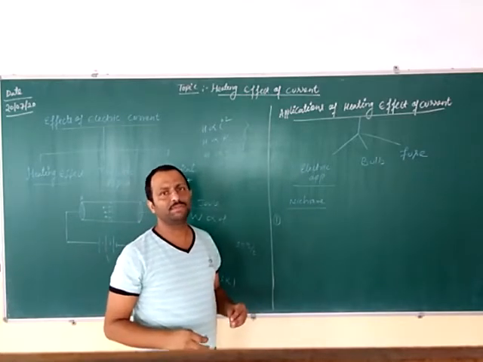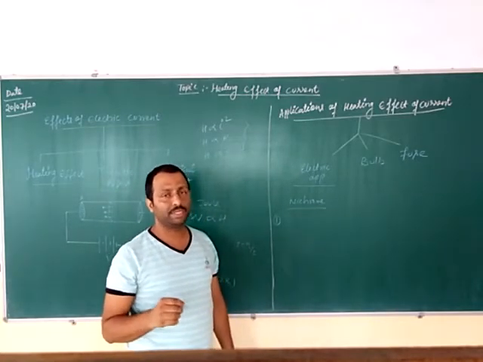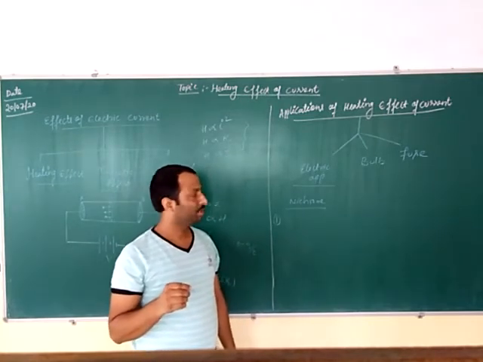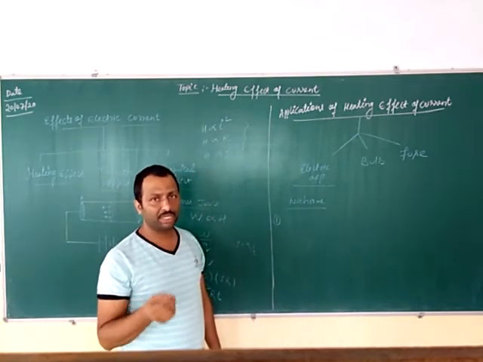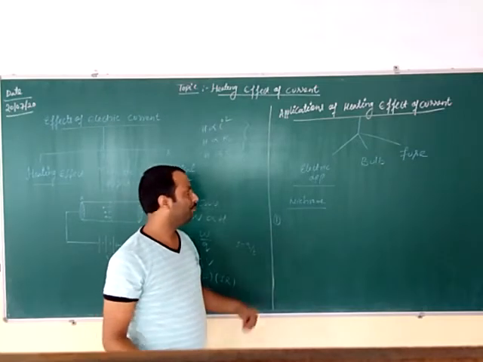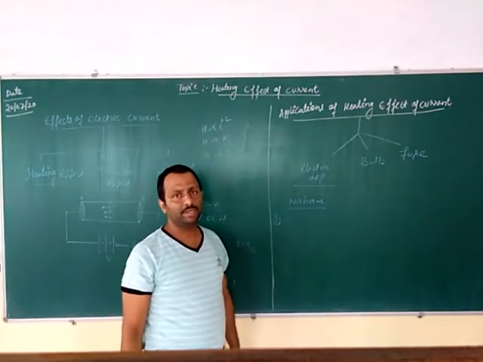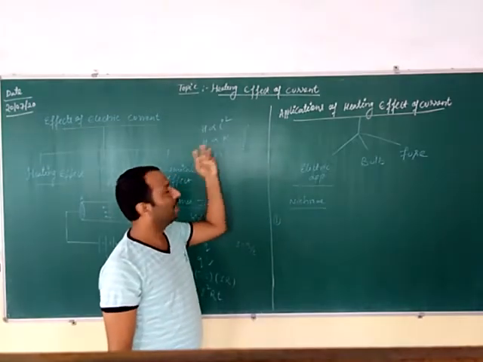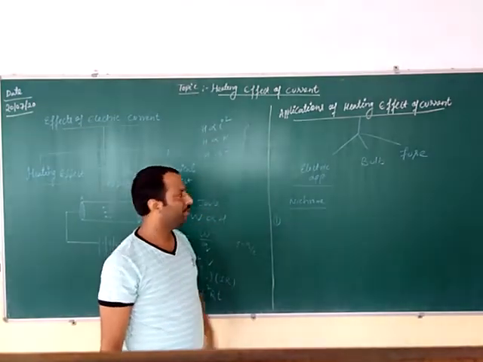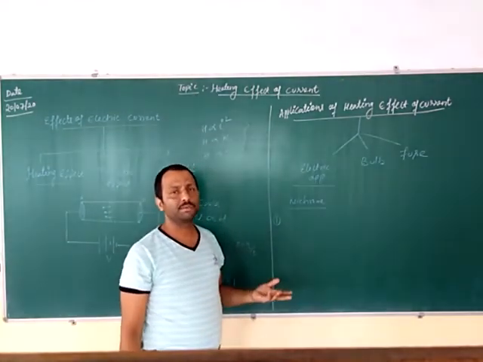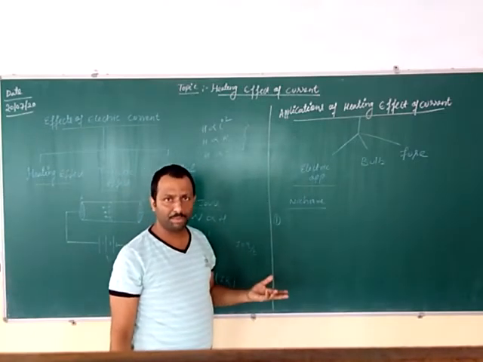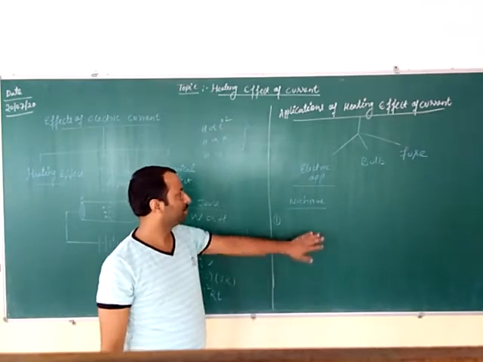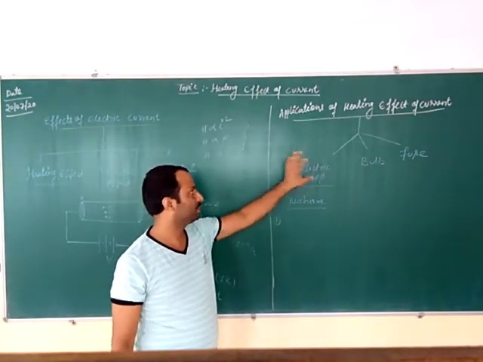As we know very well, the connecting cable is made up of copper, which has less resistance, whereas nichrome wire has high resistance. So high resistance means more heat is produced, whereas the connecting cable, made up of copper, has low resistance, so less heat is produced. So this one question is asked from this topic.